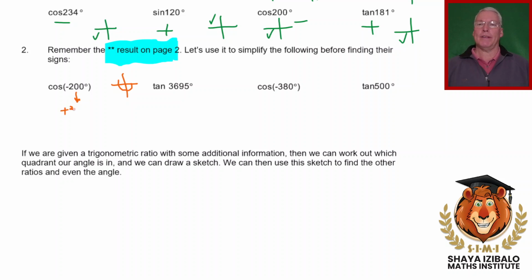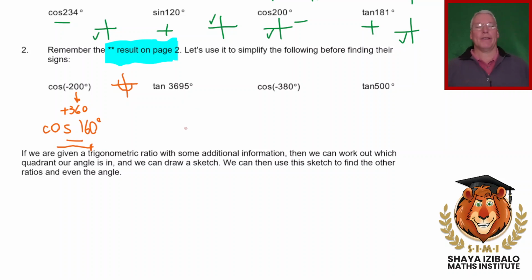Then we get cos of 160, and cos of 160 is easier, I think, to see is in quadrant 2. Is cos of 160 positive or negative? It is definitely negative because we're in quadrant 2.